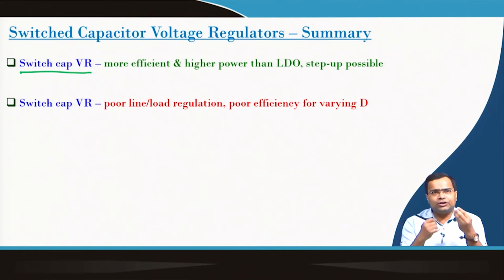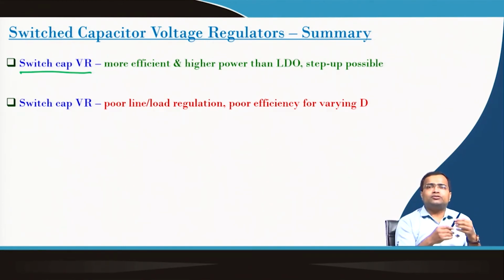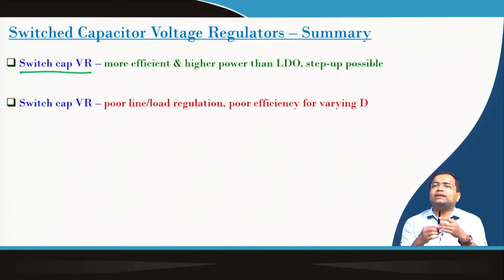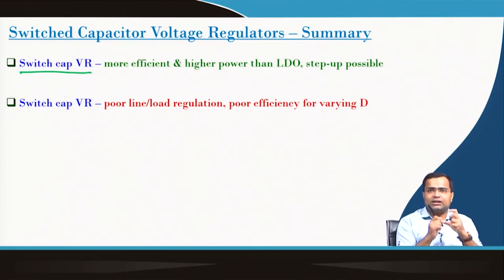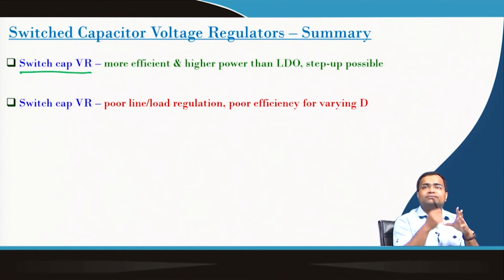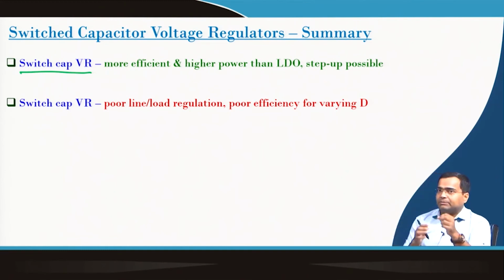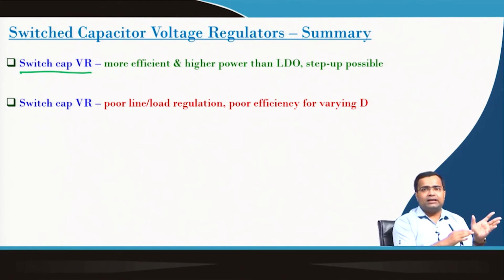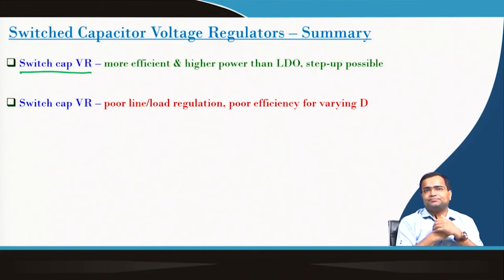But we saw that the switch capacitor voltage regulator actually suffers from poor line regulation, because if we take one cell of the switch capacitor converter, the peak voltage that we can achieve at the output is Vin by 2. That means if there is any variation in the input voltage, that peak voltage also varies.